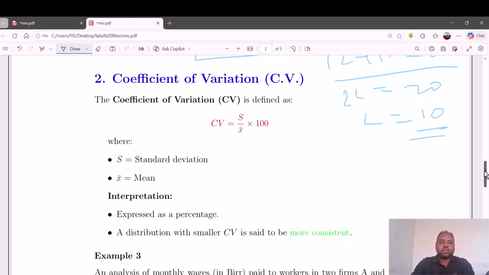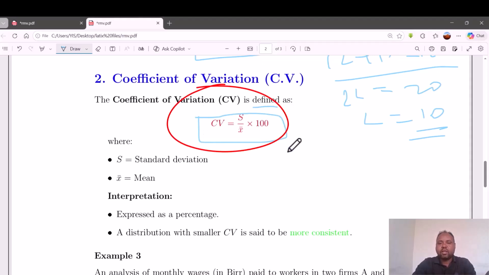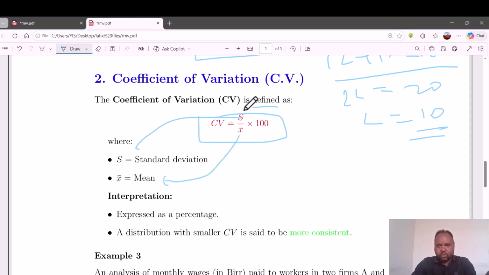Now let us proceed to the second relative measure of variation, the coefficient of variation, denoted by CV, which is defined using this formula. In the CV formula, there are two summary statistics: the standard deviation and the arithmetic mean. We multiply this ratio by 100 to express CV as a percentage.